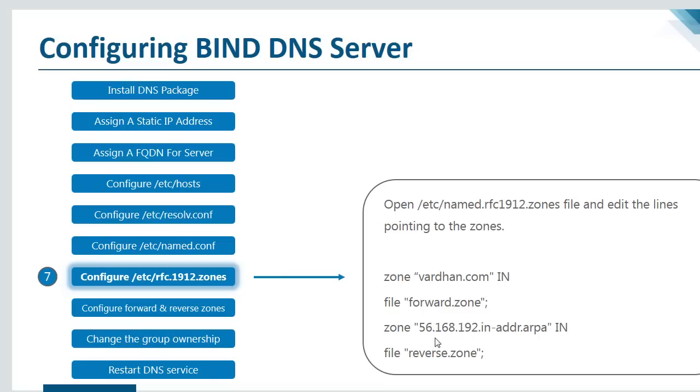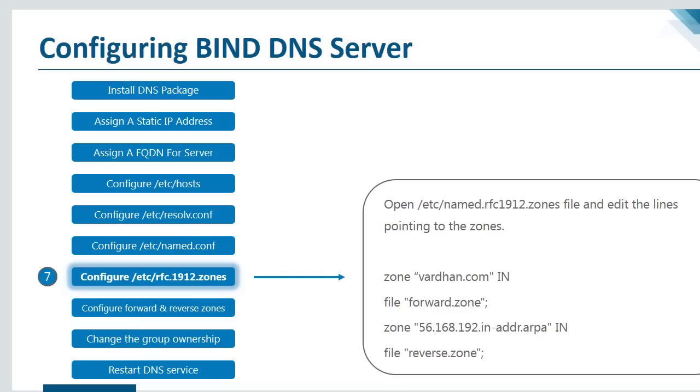For the reverse lookup, of course, it would be from the IP address. So for this reverse lookup, I've said it would be in the form of an IP address, and I've named the file reverse.zone. Similarly, the forward file would be forward.zone. Now this RFC file is going to be again a very long file, and you will have a lot of lines there, and this would be placed in there. You would understand this better when I open the demonstration.